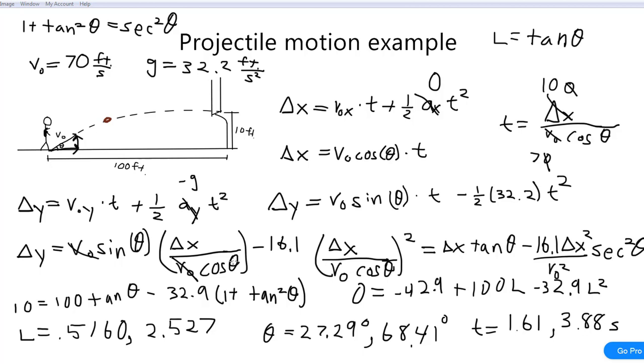We also have the angle, and a bunch of sines and cosines. We plugged in our numbers and converted everything to tangent thetas using the trig identity right here. In the end, we replaced tangent theta with L, solved for what L is, and then solved for theta. Then we plugged in theta to get our time. And that's mainly it.